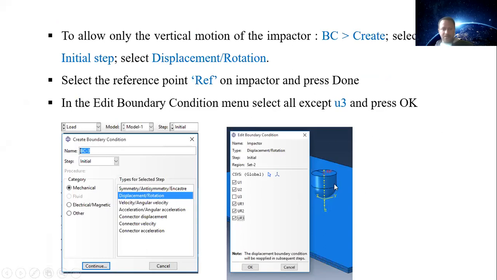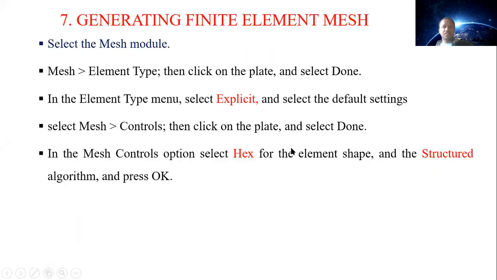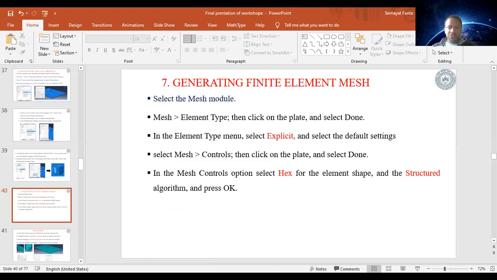We have provided the motion constraint for the impactor and the boundaries. Once after that, the next step is to generate the finite element mesh. So how can we create the finite element mesh? Let's go to the mesh module.